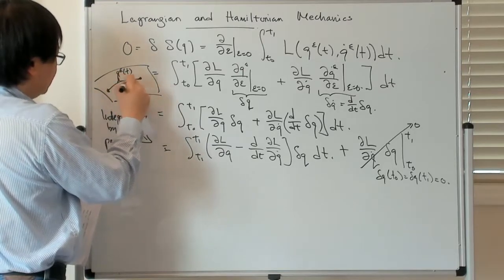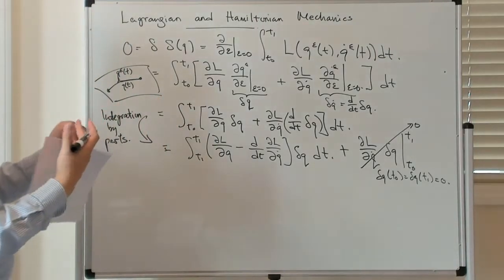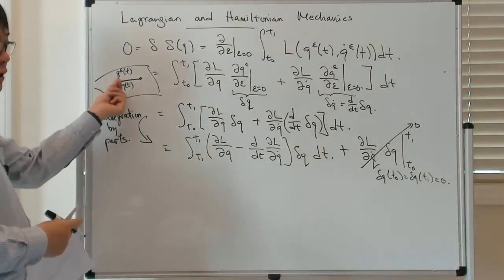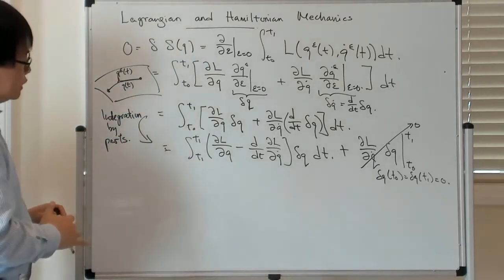And then you allow epsilon to go to 0. You can concentrate this variation so that all the variation is localized to some very small neighborhood of a single point.